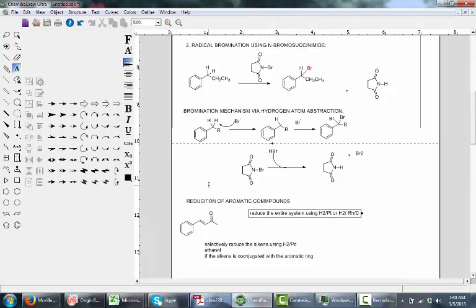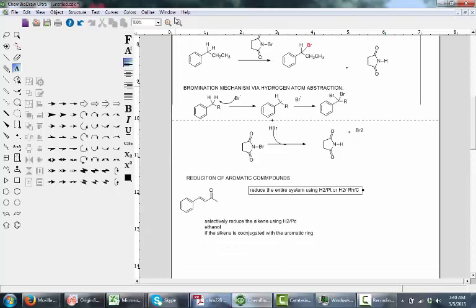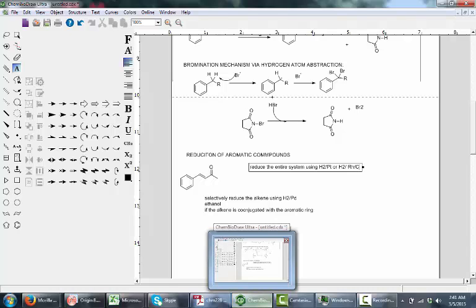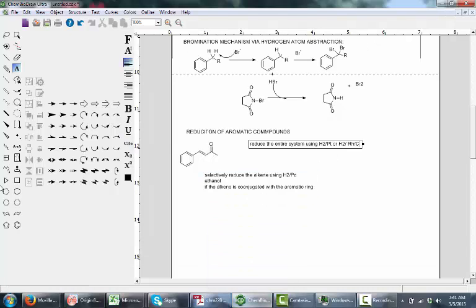What I can also do now is reduce carbonyls that are directly attached to the benzene ring. Again, this is only related to if I have the functional groups directly attached to the benzene ring. So if I put this molecule like that, and I ask how can I reduce this carbonyl, well, I can do that with hydrogen on palladium as well.